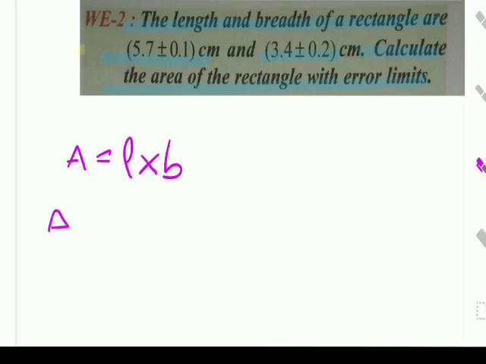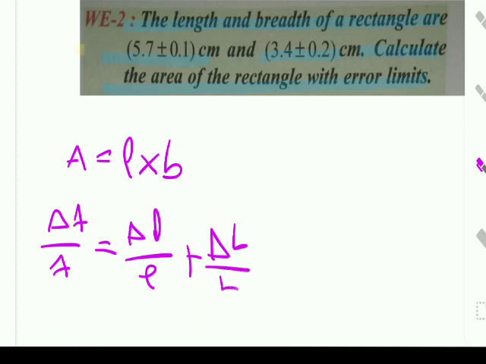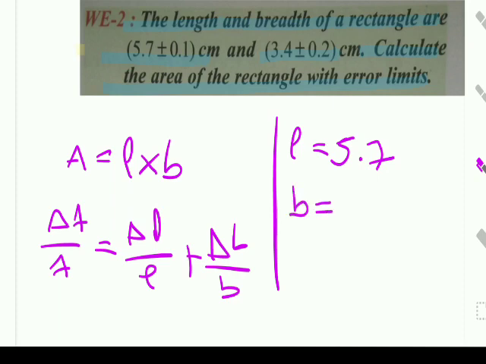So delta A by A is equal to delta L by L plus delta B by B. This is the formula. L is equal to 5.7, B is equal to 3.4, L into B, nothing but area.